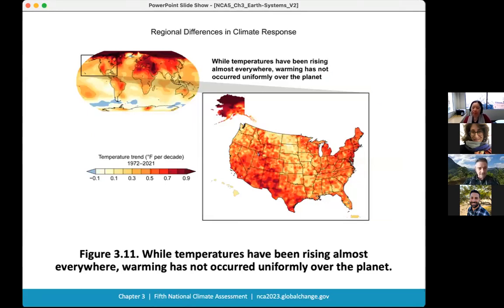All right, so I think this is the final one on this topic. Here we wanted to call your attention to the fact that temperatures are rising almost everywhere across the planet now, but that warming is not uniform, and we would not expect it to be. There are different aspects of the Earth system that affect the amount of warming you would expect, and the feedback processes that I talked about earlier come into play when we talk about regional amounts of warming.